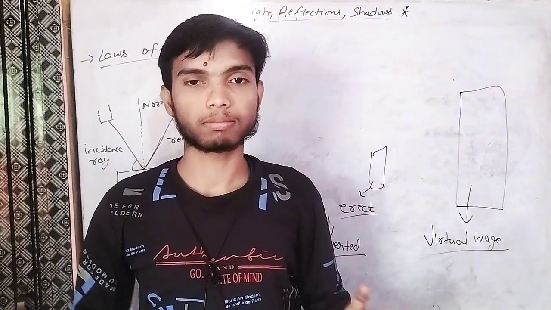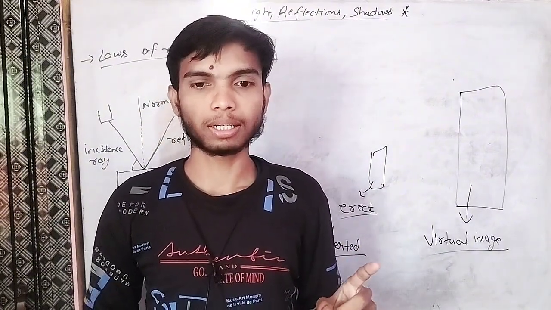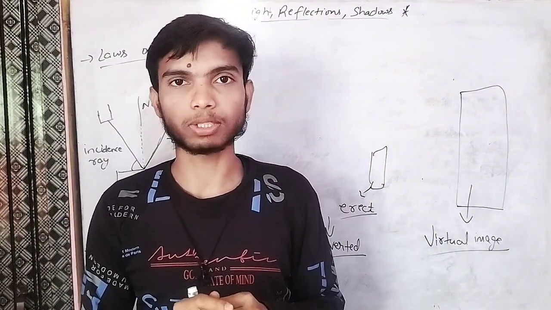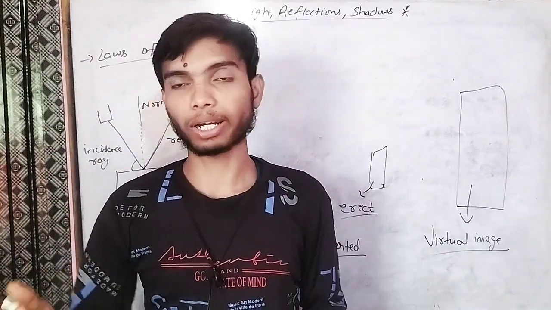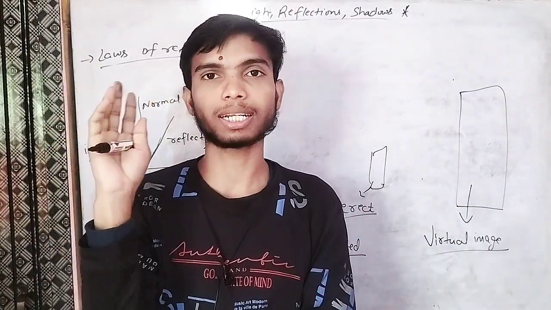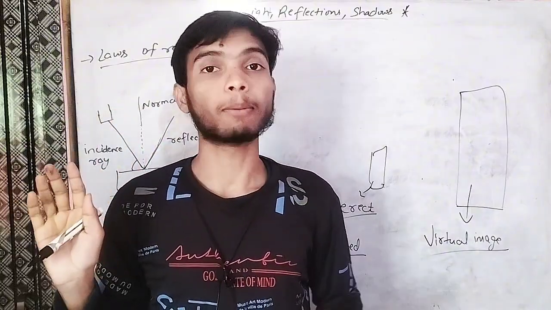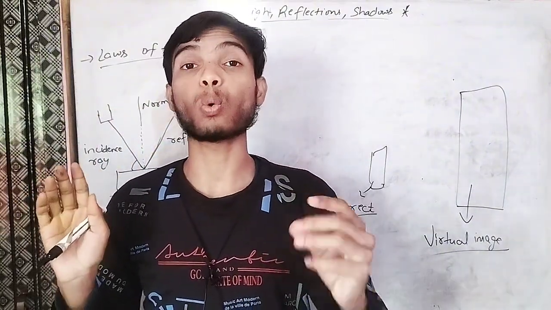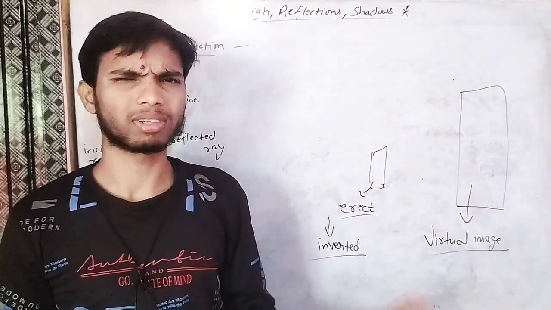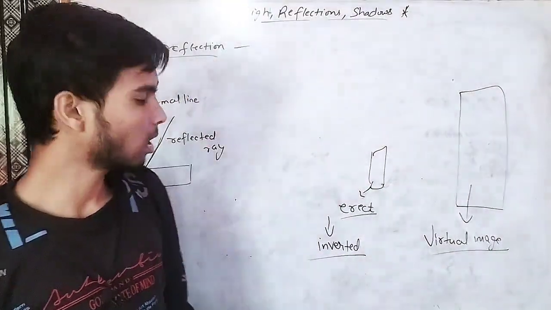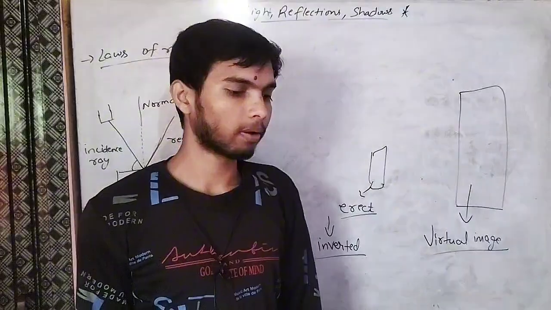The left part and right part of an object will appear opposite. If we are raising the right hand, the image of us will raise the left hand. That's why it is said inverted.